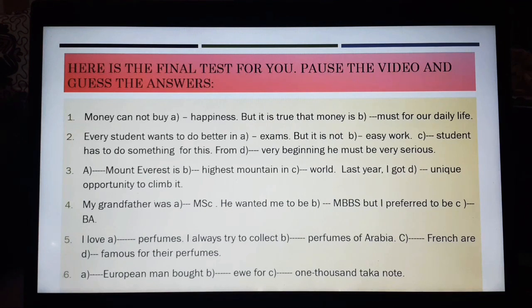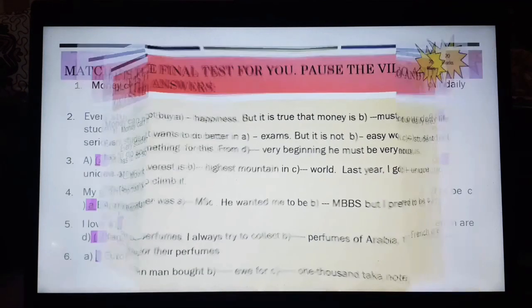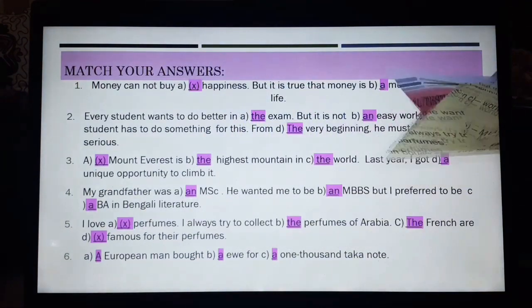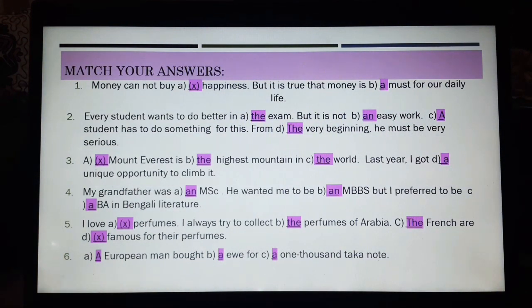At the end of the video I will comment below about your score. I just want to see if you have learned well or not. Here is the answer. The marks is 20. So tell me how much you got out of 20.